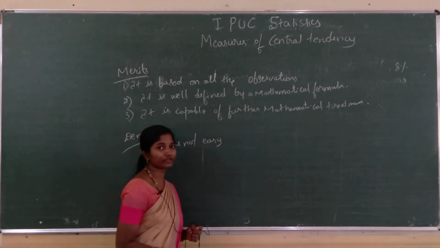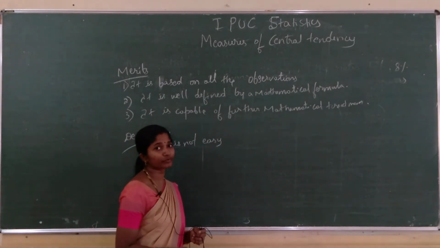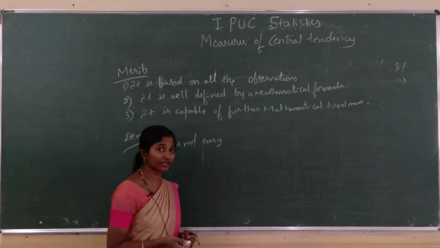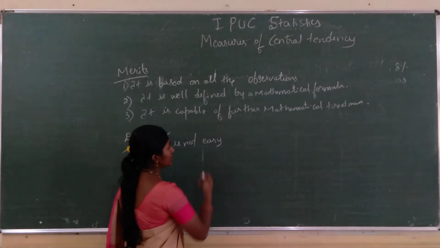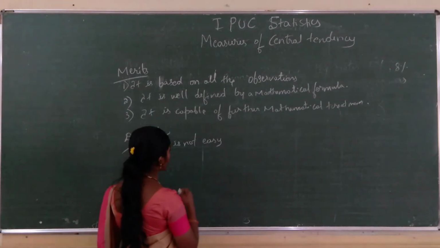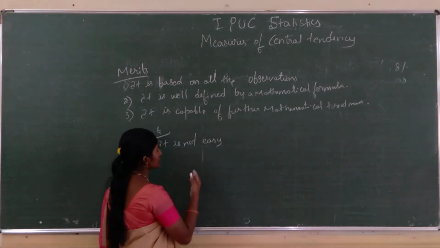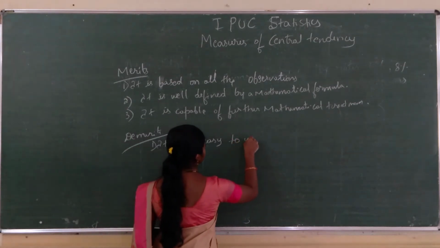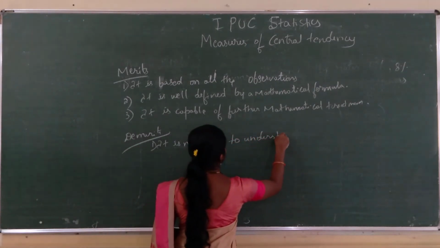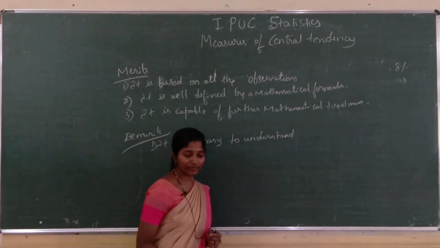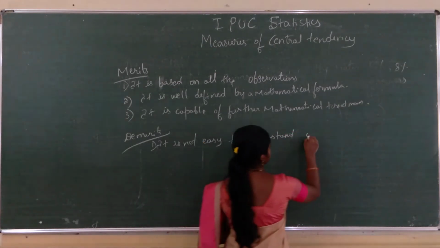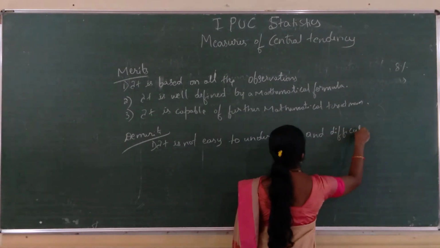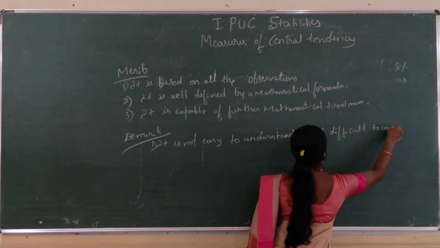We should see the table, and where we have to do plus 100, where we have to do minus 100, we have to see all that. But in those averages, this type of confusion will not be there. Therefore, those are easy and this one is tougher. It is not easy to understand and simple to calculate, it is difficult to compute.